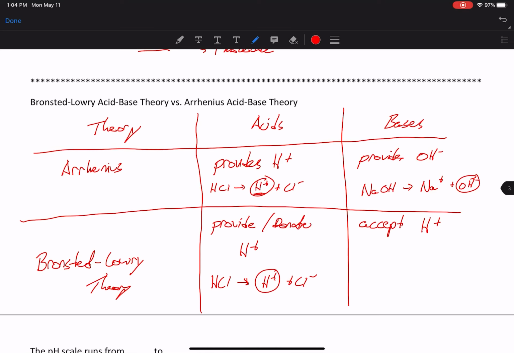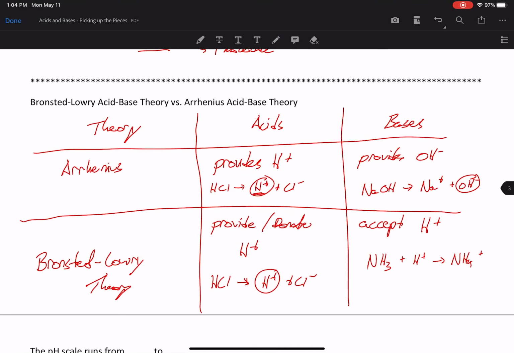So an example, the most common example probably of a Bronsted-Lowry base would be something like NH3, because it can accept a proton or a hydrogen ion to form NH4, and that would be NH4+. So that's the main difference between Arrhenius and Bronsted-Lowry theory. It's really just about those bases.